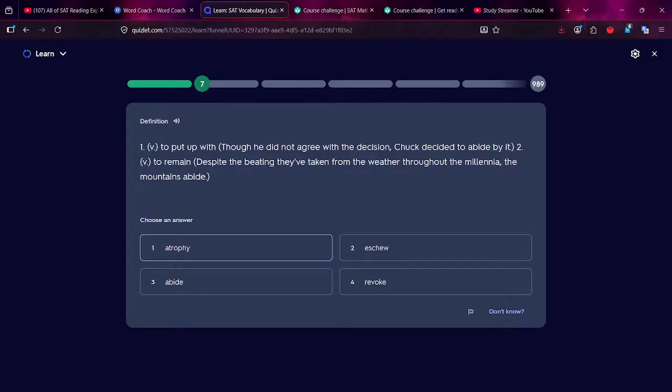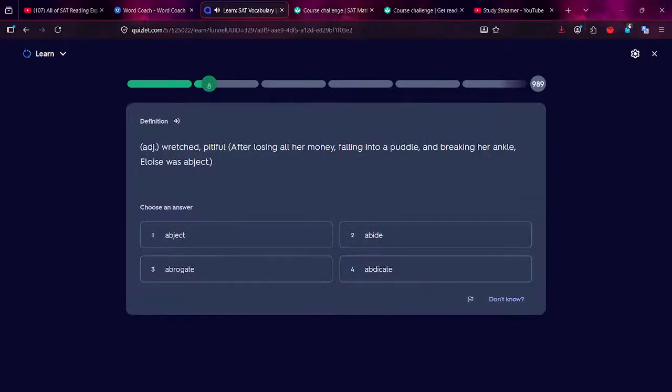Revoke means to take away something. Eschew, I'm not sure, but I don't think it's the same. So yeah, abide. Wretched, pitiful. After losing all her money and breaking her ankle, Eloise was abject. I mean, they're giving the word here.